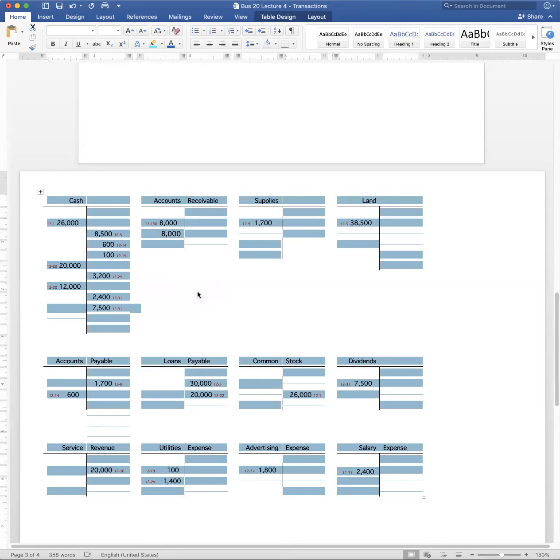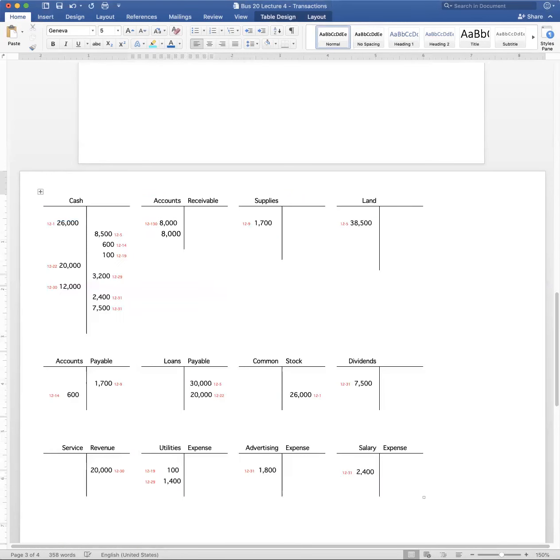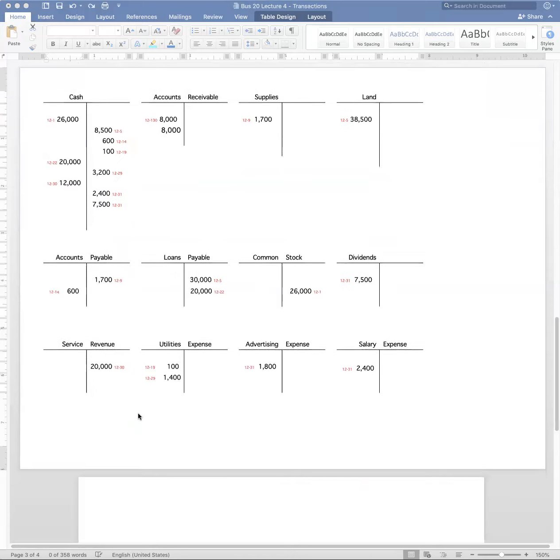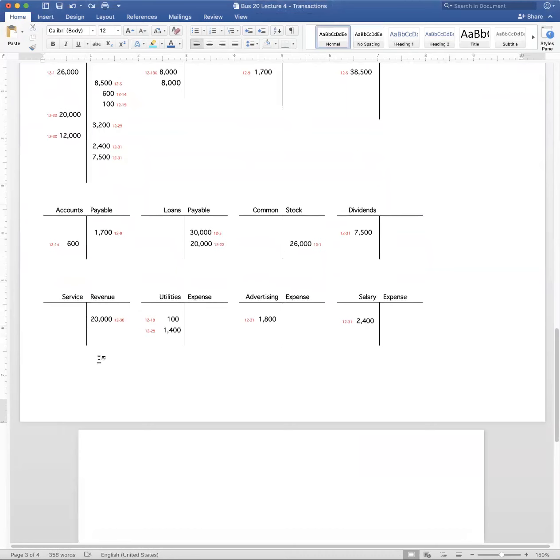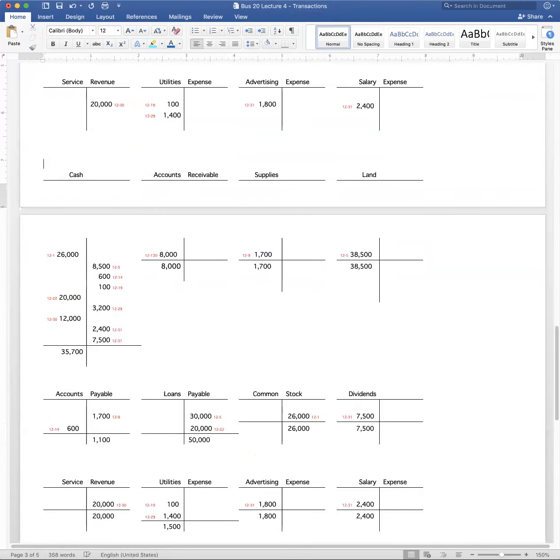Okay, so we're going to have that horizontal line which will show our totals. So in the case of accounts receivable, we're going to have, and oh my goodness. So clearly nothing's going to be working for me today. So let's try this one more time. All right, there we go. Put it on a different page.